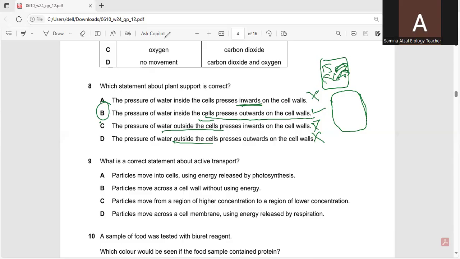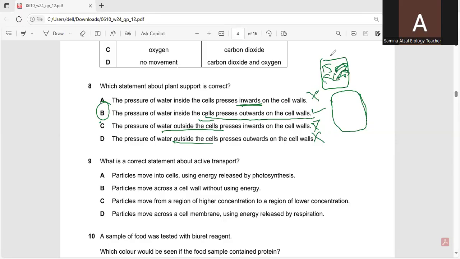Question number 9. What is a correct statement about active transport? Active transport is the movement of molecules and ions from a region of lower concentration towards a region of higher concentration by using energy.